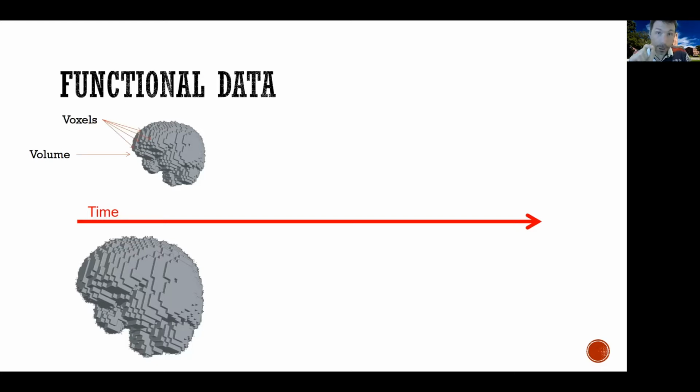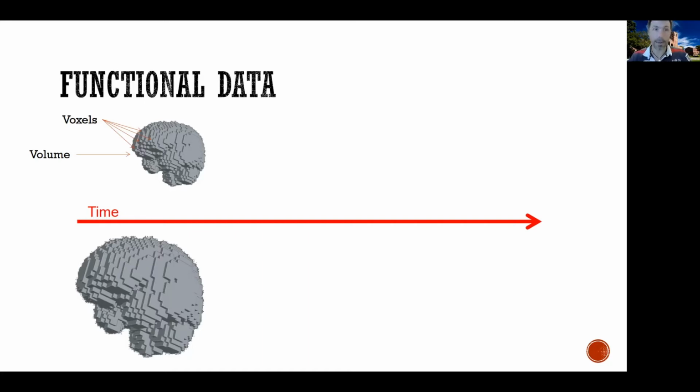And inside each of those small cubes, there is the value of how strong M0 is when you snap the picture, so at TE. You remember, protons, radio frequency pulse, they go in the transversal plane, they start dephasing, and then you capture a picture of how strong M0 is in the transversal plane at the echo. That's the number that goes inside each one of the cubes inside a volume.